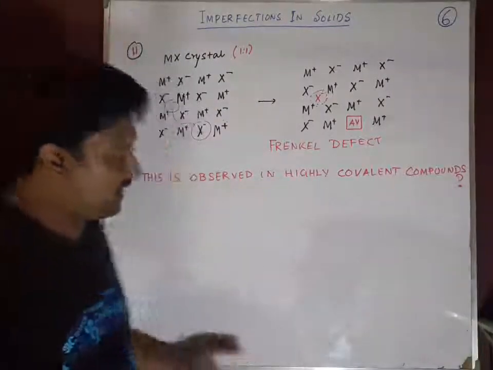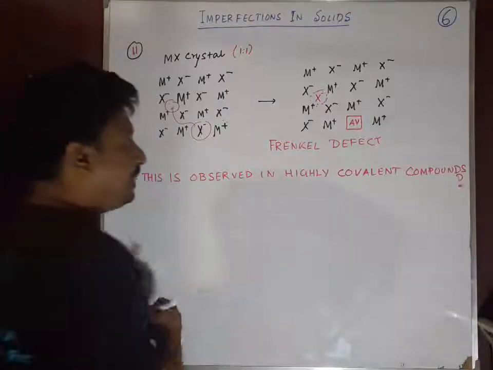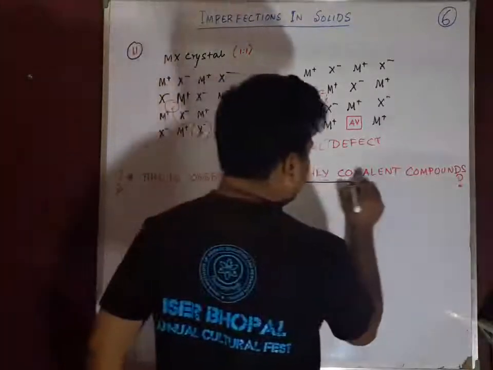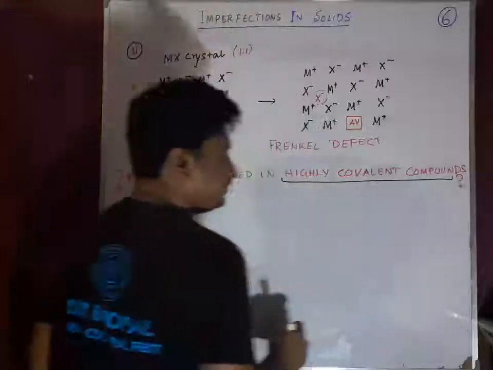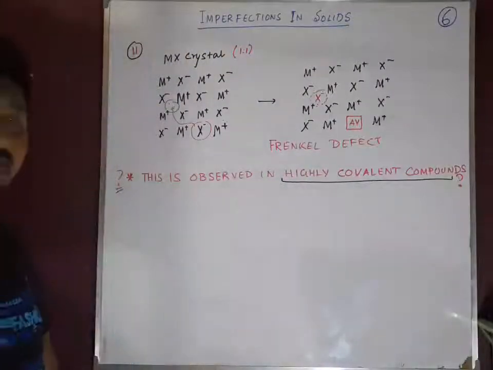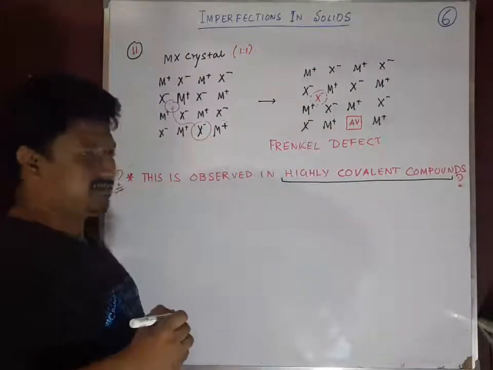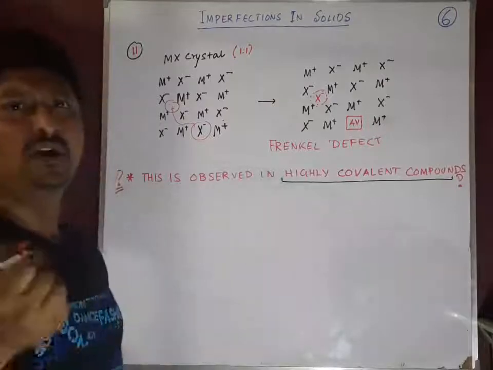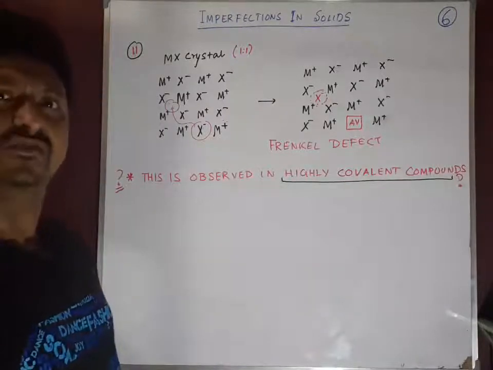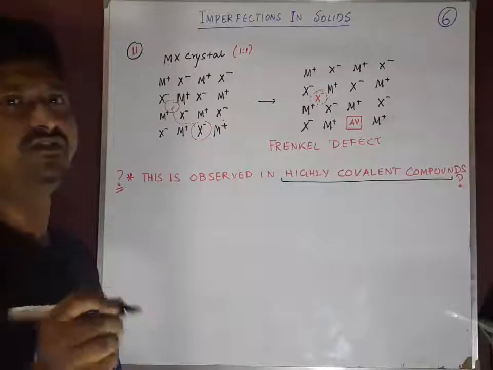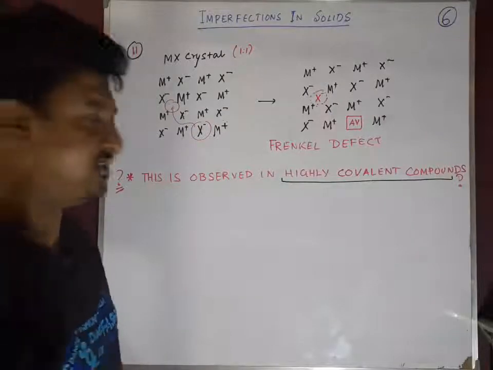Same flow chart. Now what happens in highly covalent compounds? Covalent means the two atoms are sharing electrons, forming a bond. So electrons are shared, so there is no electrostatic interaction.